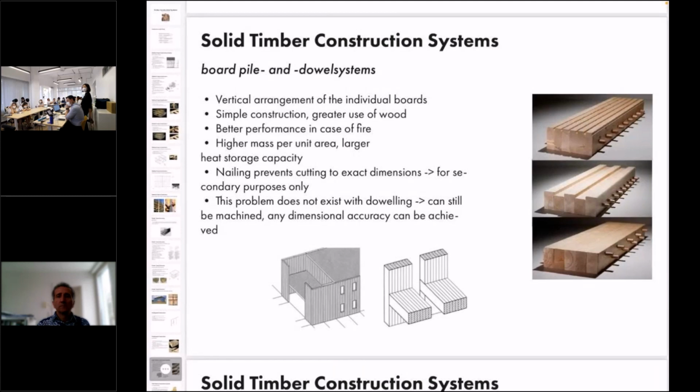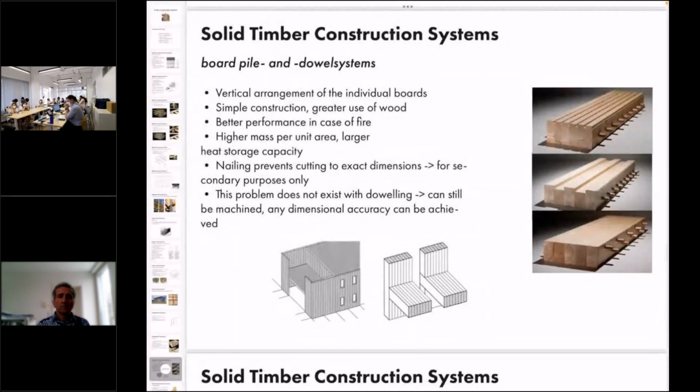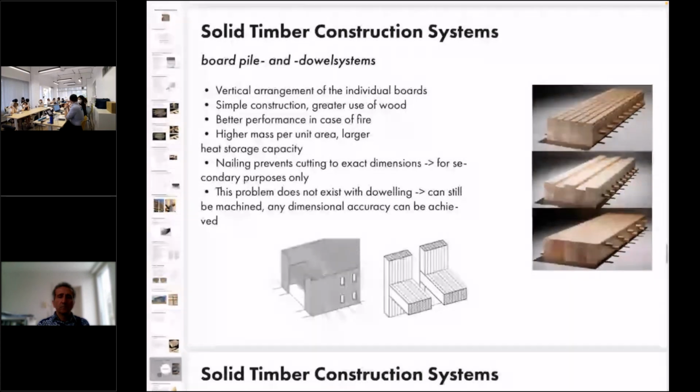When you're nailing this, the disadvantage is that you cannot have exact measurements, and due to that you have to use it only for secondary purposes. But if you're using dowels, it can be cut very precisely, and it can also be a load-bearing wall or have very clear geometry.